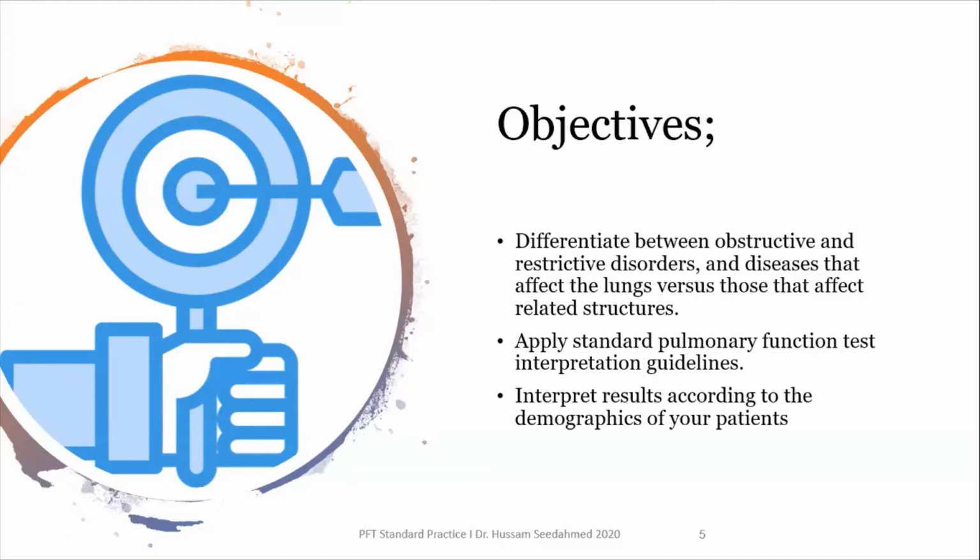The PFTs can also give us an idea about whether the cause is pulmonary or extrapulmonary. Another objective is to apply the standard pulmonary function test interpretation guidelines. This is what we are going to be talking about in the last section. And the third objective is to interpret the results according to the demographics of your patient.